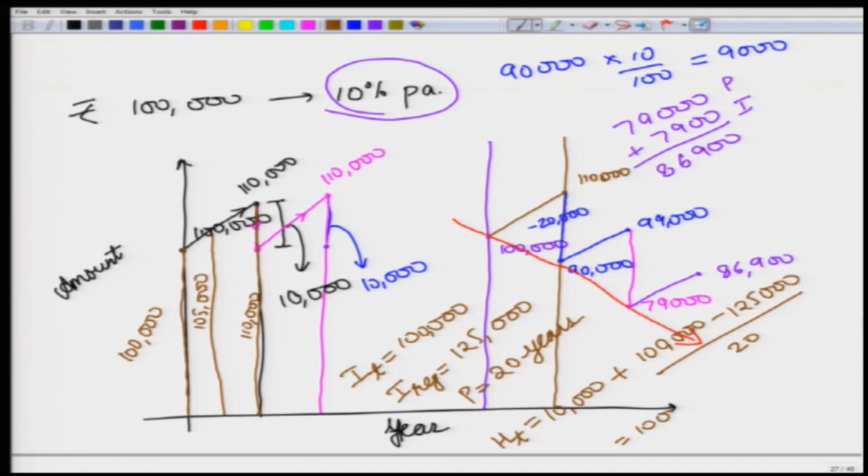So, this is 10,000 minus 25,000 divided by 20, which is 8,750 rupees. So, what this formula is predicting is that I should take out not 10,000 rupees, but 8,750 rupees, so that every year I am adding to the increment.